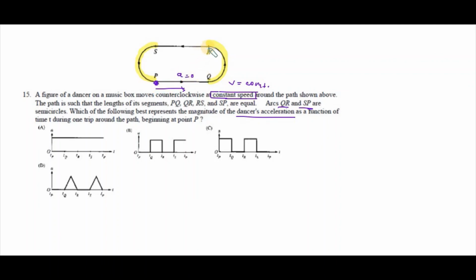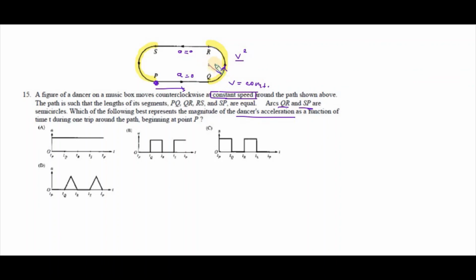Similarly from point R to point S it is a linear path, so here also the acceleration is 0. But from Q to R, in the counterclockwise rotation, the speed is constant, but the direction is continuously changing along the semicircular path, so there is a centripetal acceleration directed radially inward, with magnitude v squared upon r, where r is the radius of this section.